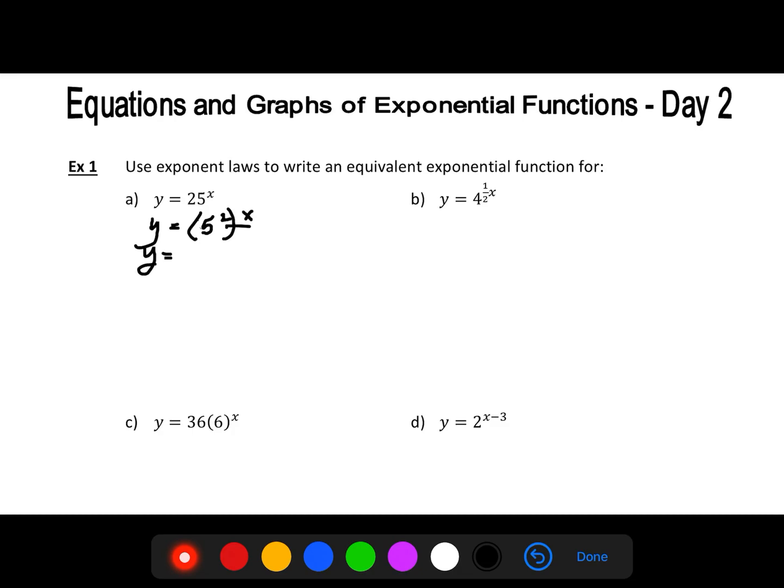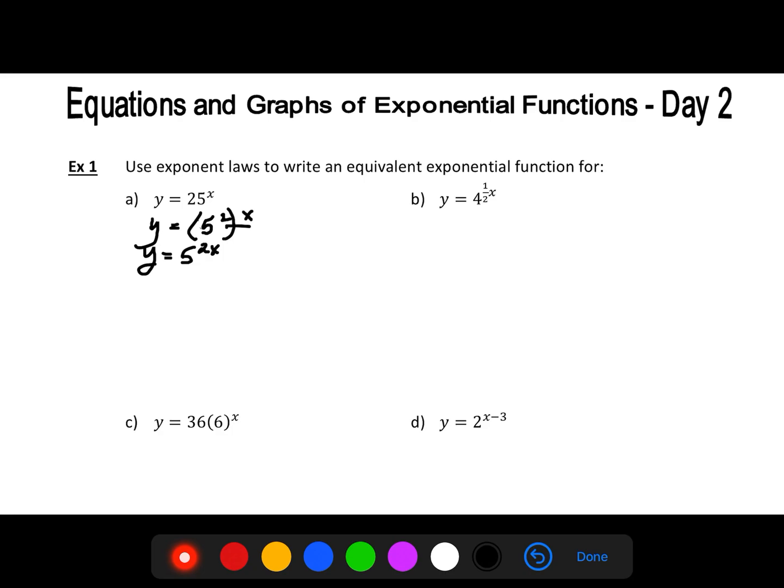We know exponent laws tell us we're just simply going to multiply our exponents on a single base, which means that that function can also be written as y equals 5 to the power of 2x. So we still have that 5 squared from our base of 25. So yes, we've changed the base, but just basically how it's written.